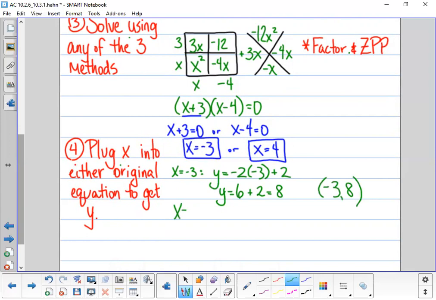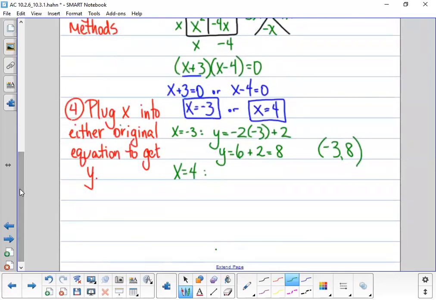Now I'm going to do the exact same thing for when x is 4. I'm going to plug it into y equals negative 2x plus 2. Oops, but I'm plugging 4 in. I don't want x. So negative 2 times 4 plus 2. That gives me negative 8 plus 2, or negative 6.